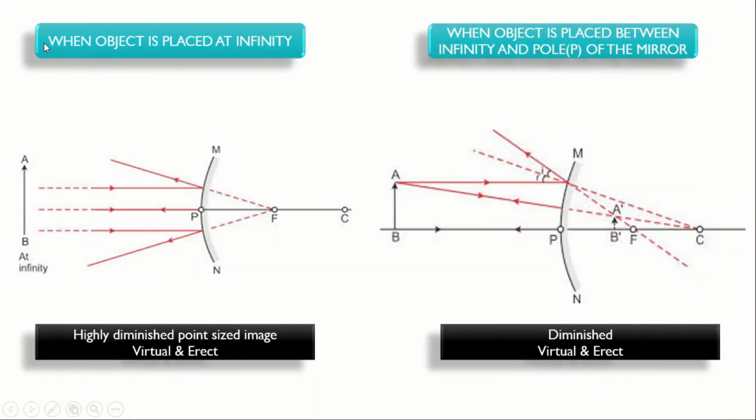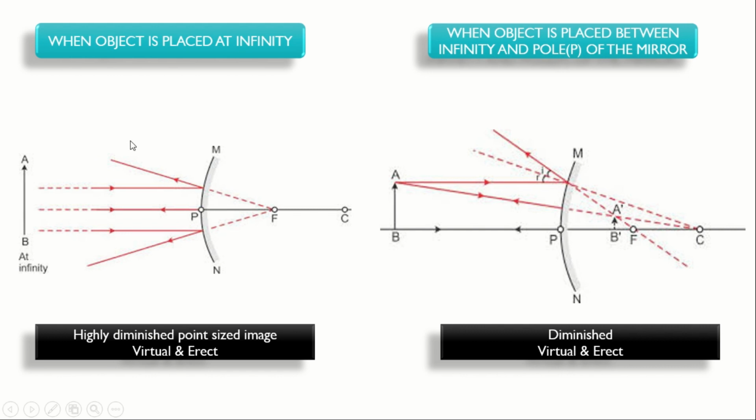Moving on to the first one, that is when the object is placed at infinity. So what happens when the object is placed at infinity? The light rays emanating from the object hit the surface of the convex mirror. After hitting the surface, it reflects.